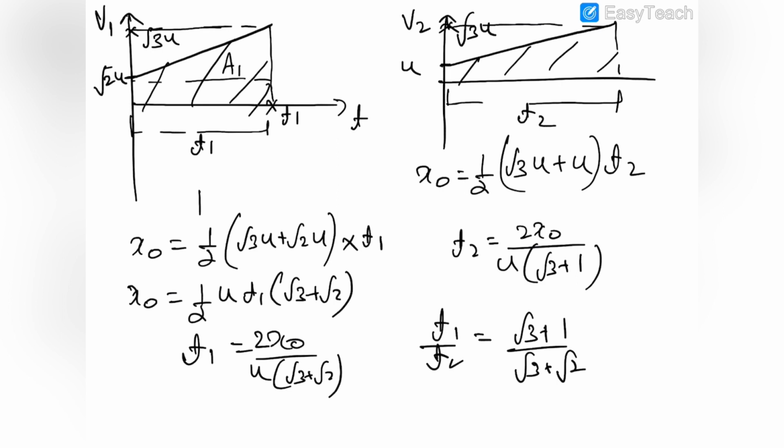Obviously root 3 plus root 2 is greater than root 3 plus 1. Therefore this ratio is less than 1, so we can say that t2 is greater than t1. So the least time is taken by particle 1. So particle 1 will take the least time.